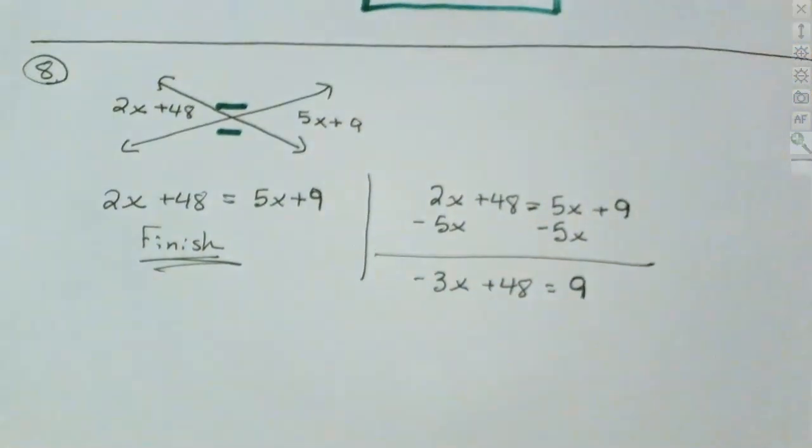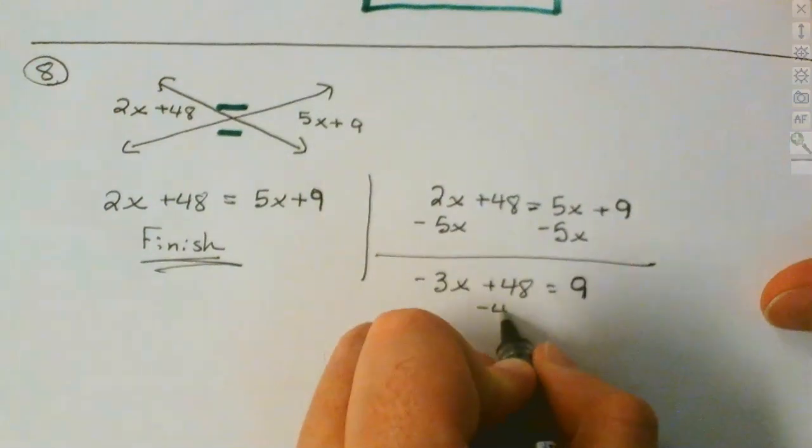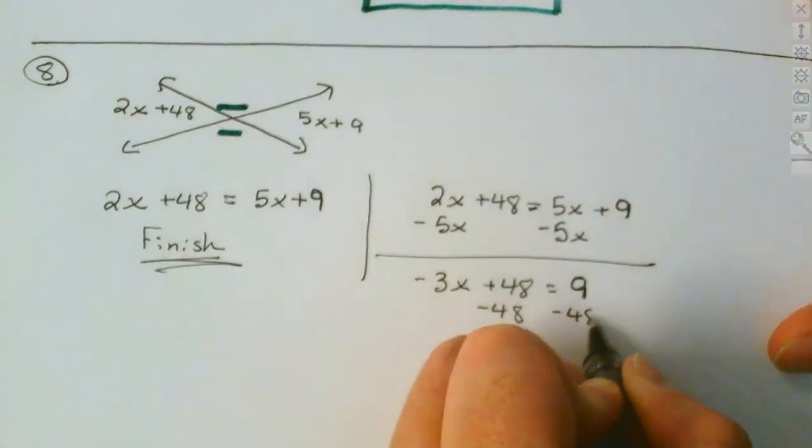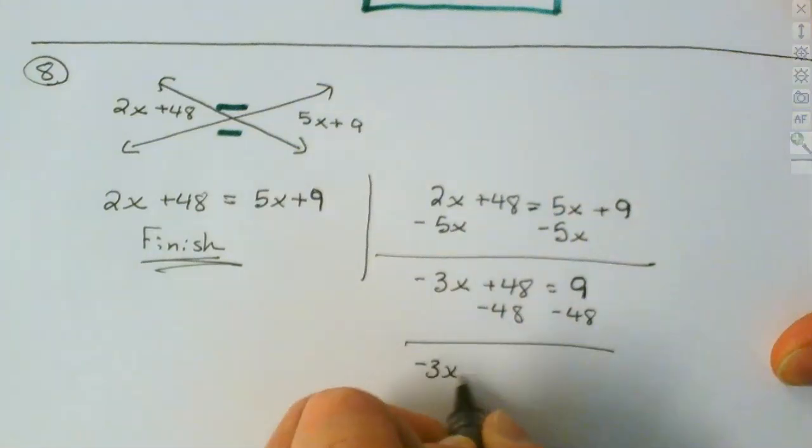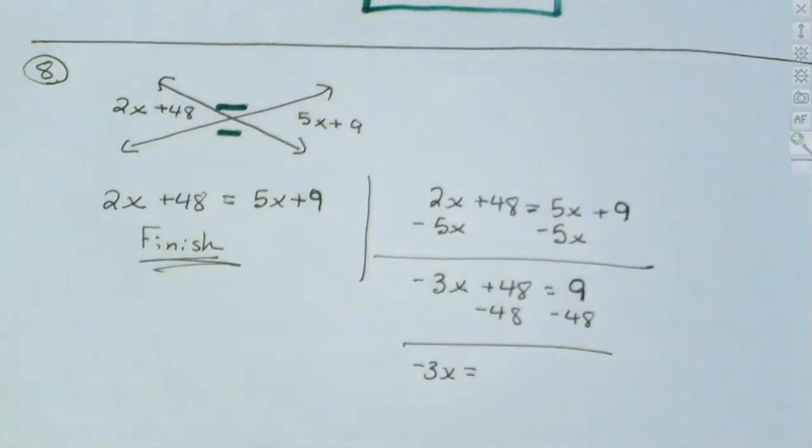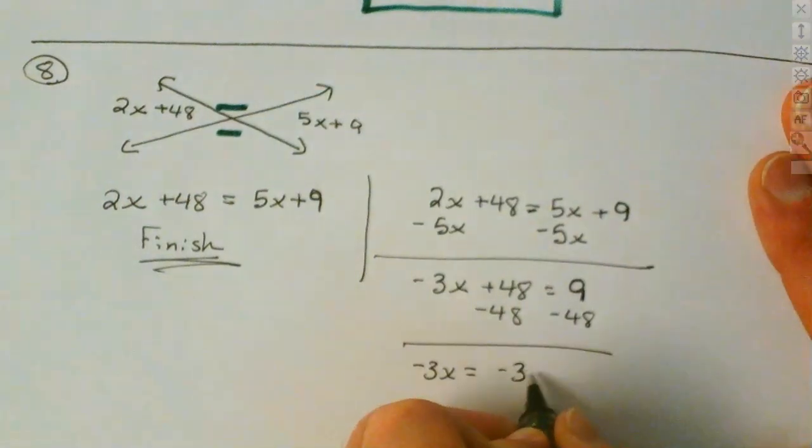Now, what's my next step going to be? Subtract off that 48, and watch your signs now. 48 is positive, 9 is positive, that means I'm going to subtract them, and 48 minus 9 should be a 39, and it's a negative 39, isn't it?